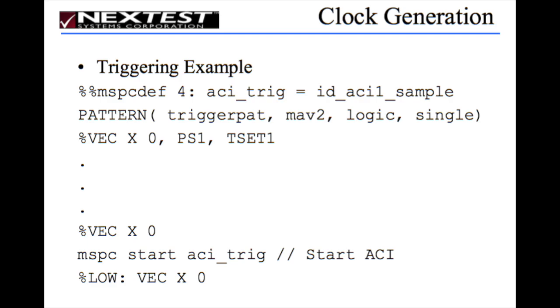The timing set chooses the digital timing for that particular vector. So we have a bunch of vectors, and then we say MSPC start ACI trig, and that starts the ACI, and then we drop into maybe a loop. Maybe that's a label, so maybe we're going to loop around and repeat that vector multiple times. So that's how you trigger stuff in the vectors.